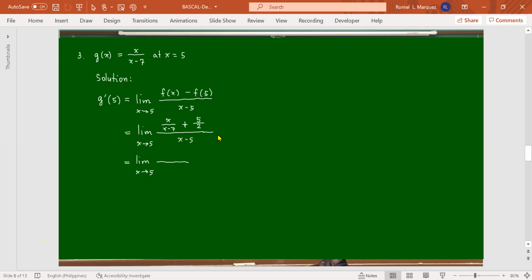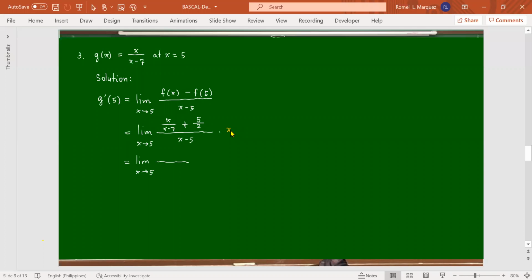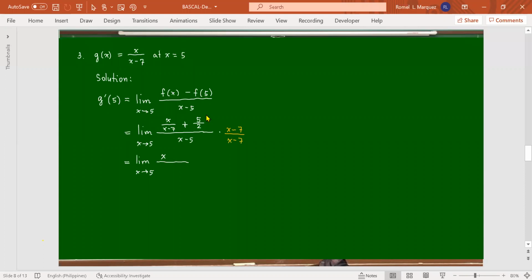Anong LCD? Anong pwede nating ipang-multiply in both the numerator and denominator? X minus 7, right? Yes po. Over x minus 7 to simplify this. So the numerator now becomes x here. So here it becomes what? Times 2 pa, no?